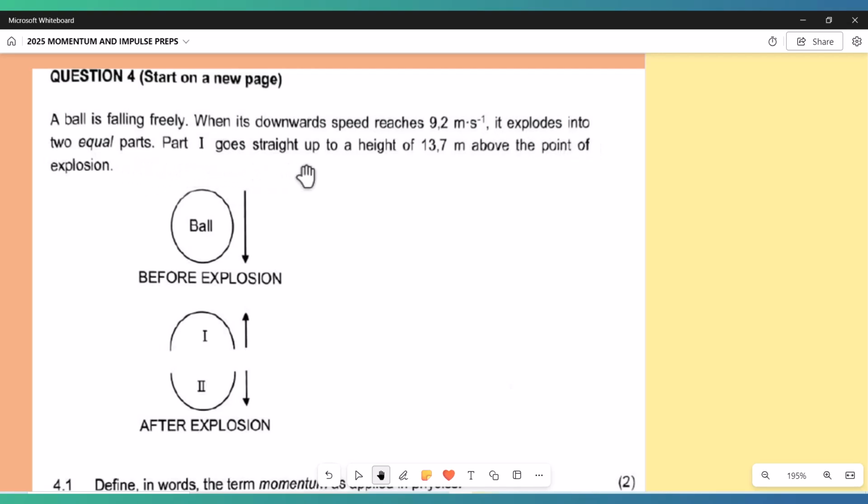Part 1 goes straight up to a height of 13.7 meters above the point of explosion. So at first the ball was just a ball, that's before the explosion. Then at a certain height it explodes into two equal parts, M1 and M2.